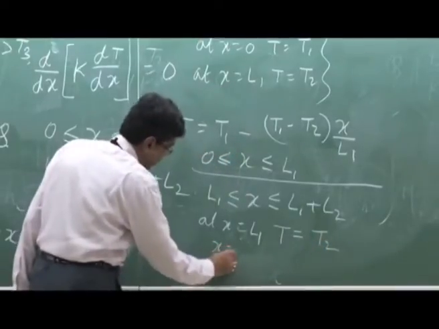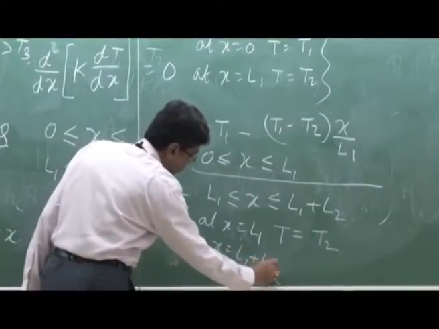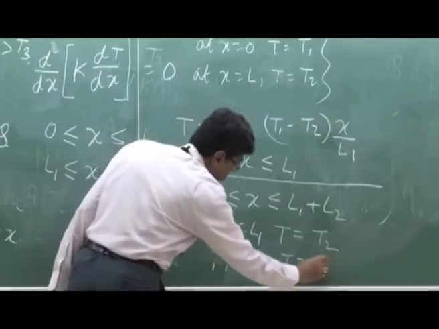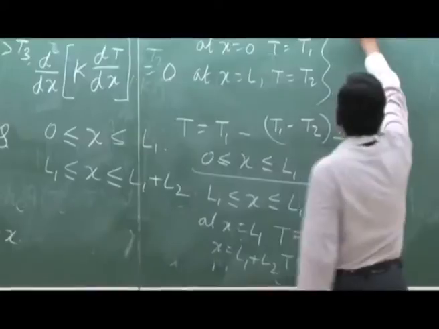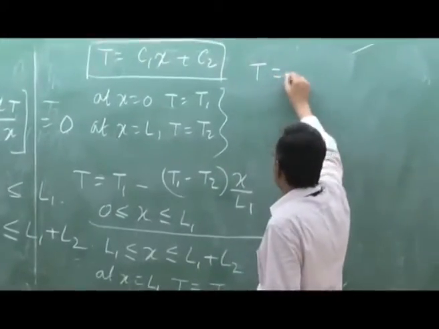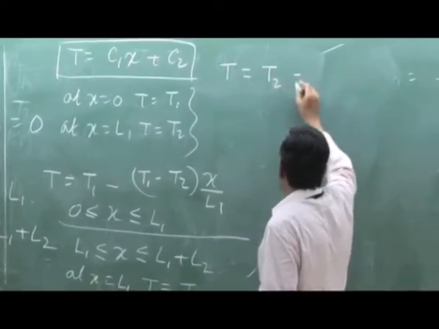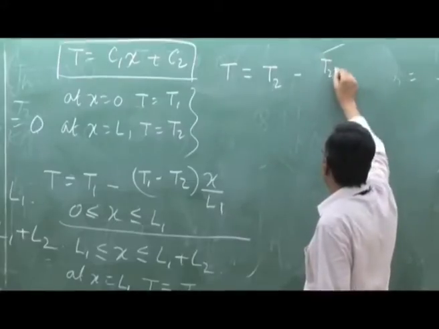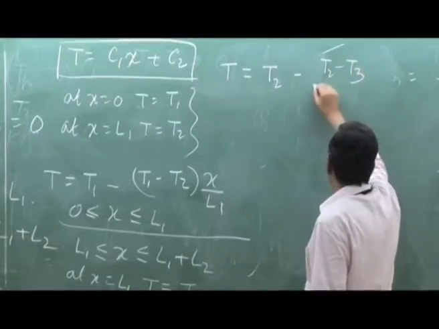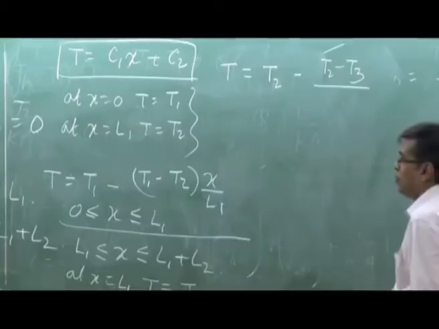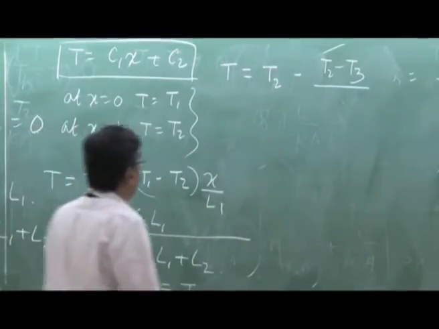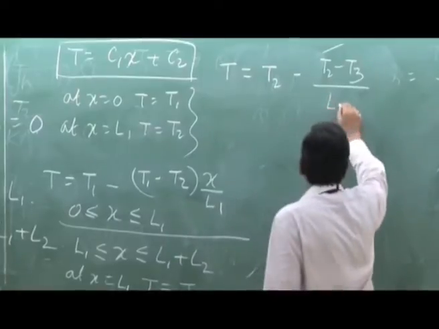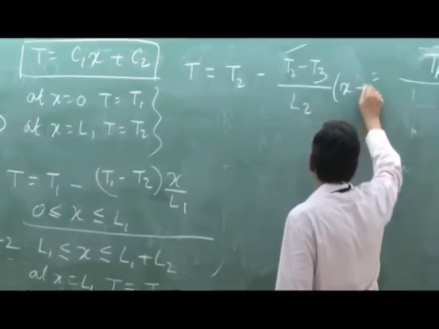At x equals L1 plus L2, T is equal to T3. And you get the equation T is equal to T2 minus (T2 minus T3) divided by L2 into (x minus L1).